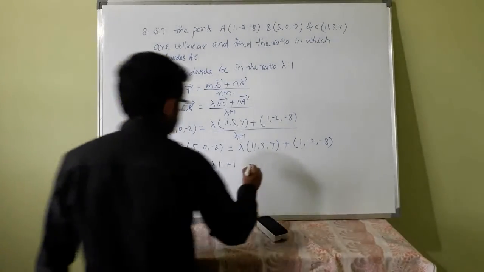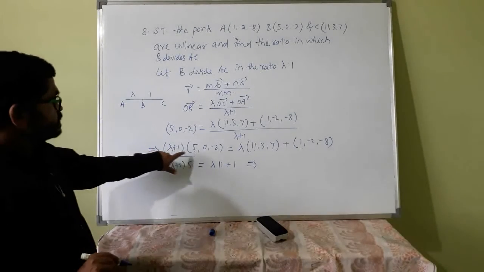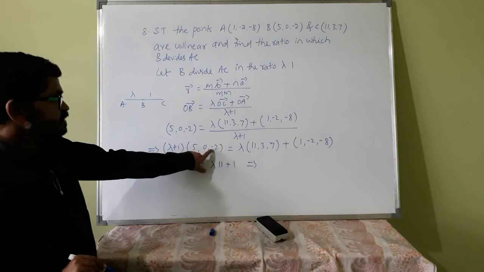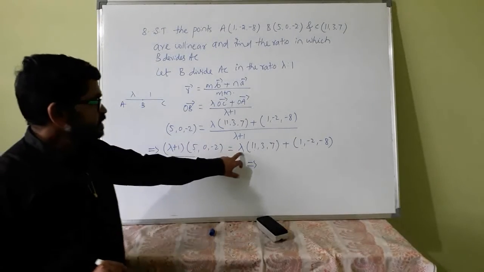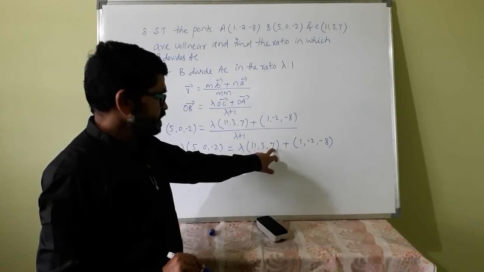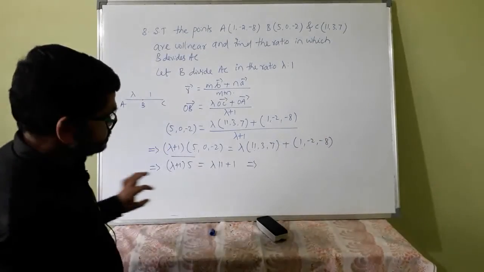This is 5i plus 0j minus 2k into lambda plus 1, equal to lambda into 11i plus 3j plus 7k plus i minus 2j minus 8k.